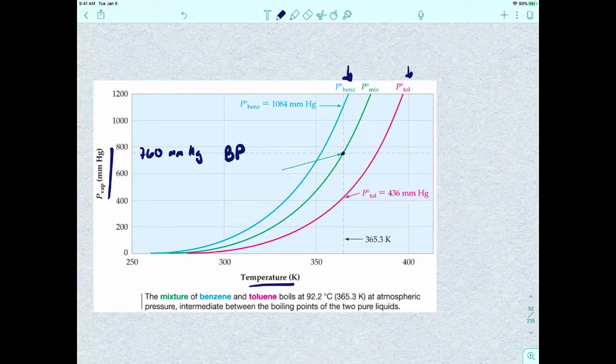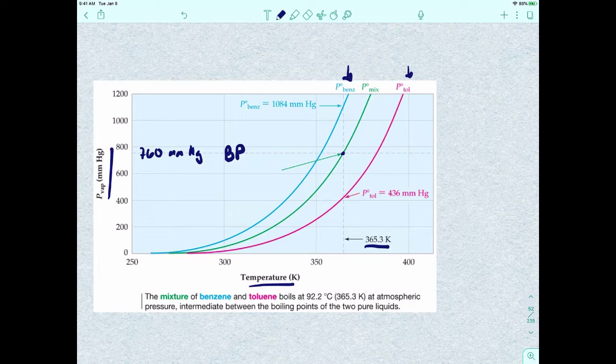So this is the boiling point of this mixture, and it's telling you right here that it is 365.3 Kelvin.